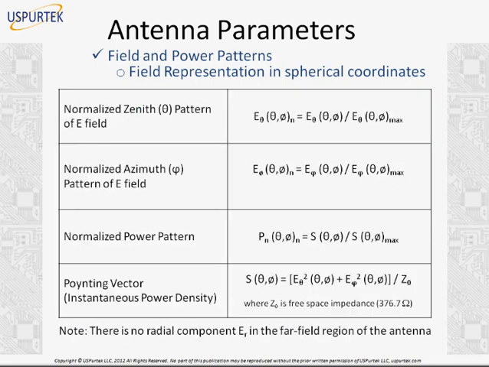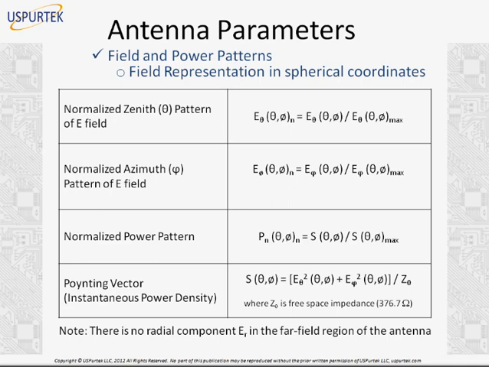There are some mathematical expressions here which are used to represent the normalized E field pattern. I won't go into the mathematics in detail, but what we do here is divide the electrical field strength at a specific point in the field pattern by the maximum field strength, which is in the direction of propagation, and that gives us a normalized pattern of E field.